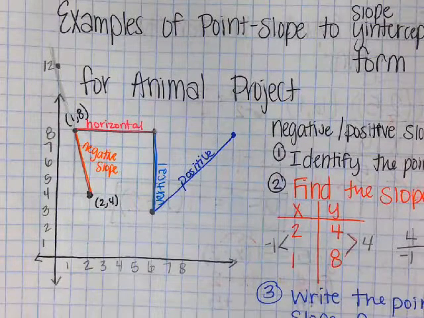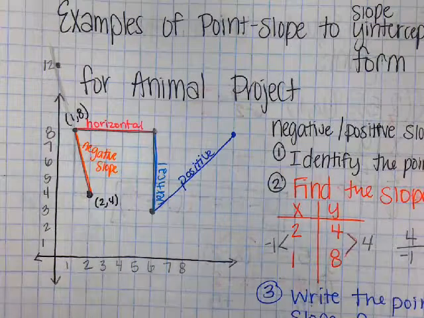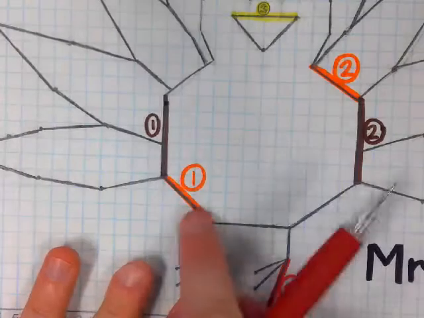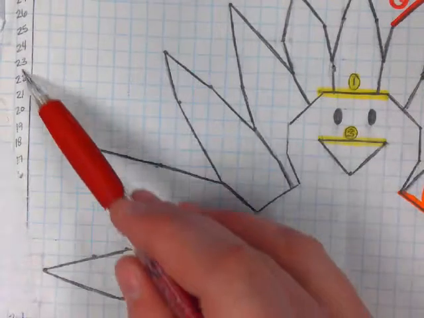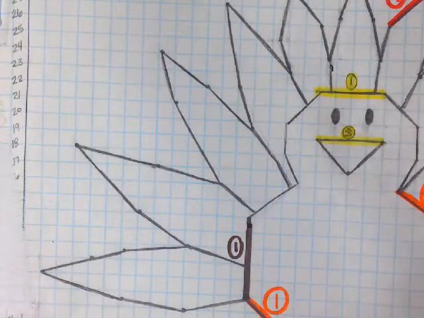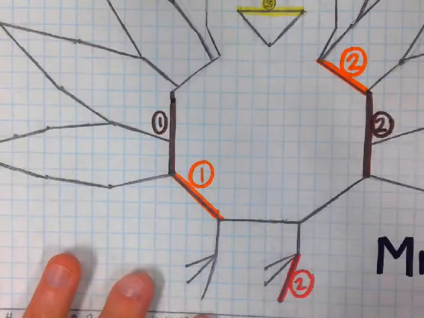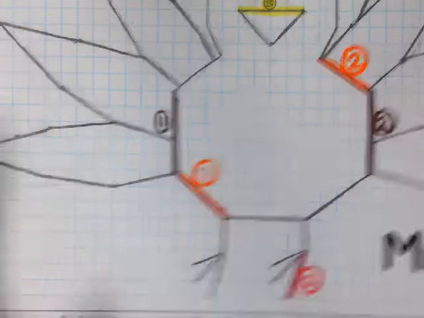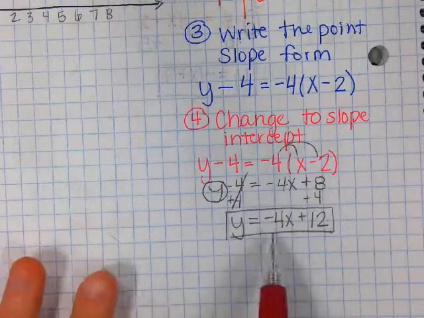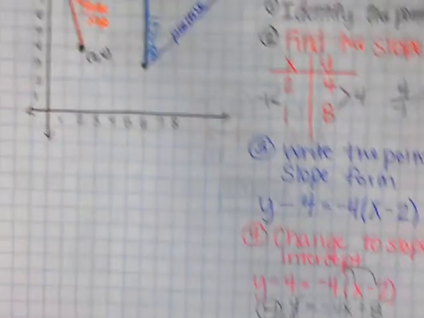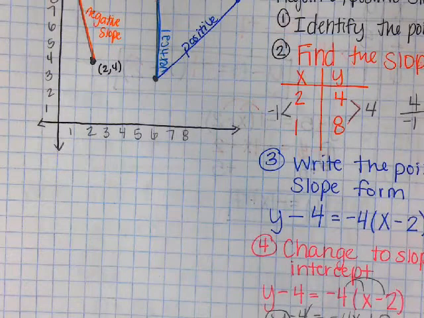So it should work out. I know that even on my turkey, if I try to continue this line all the way back so that I can see where it crosses, it's not going to be that easy. I could take a ruler and try it that way, but I just wanted to point out that yes, this is the y-intercept, this is the slope.